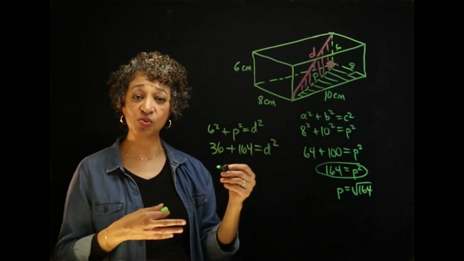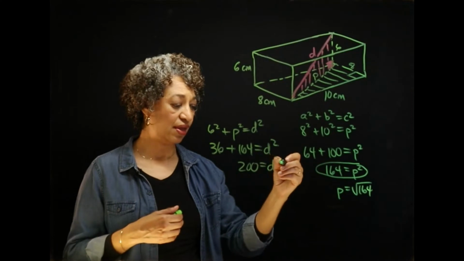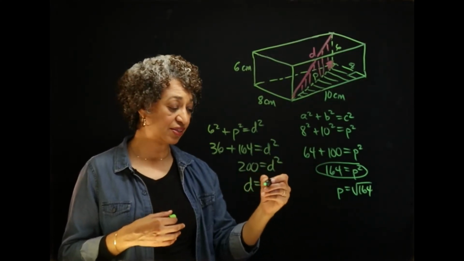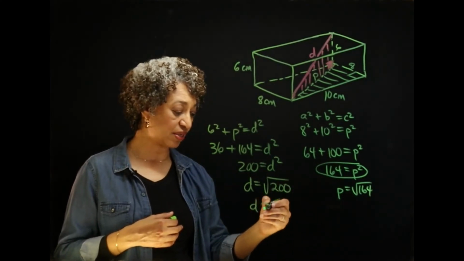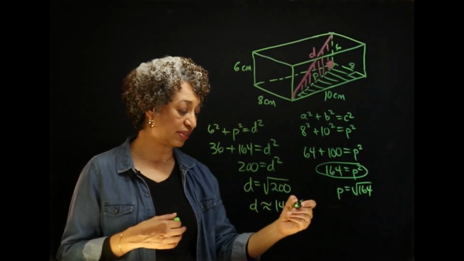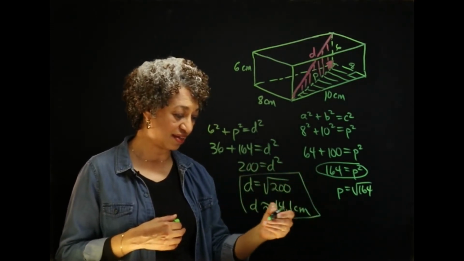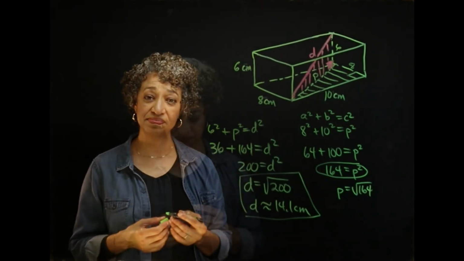Now 36 plus 164 is 200. And we take the square root of both sides to find D. So D is the square root of 200, which is approximately 14.1 centimeters. And that is the length of the longest stick that can fit in our box.